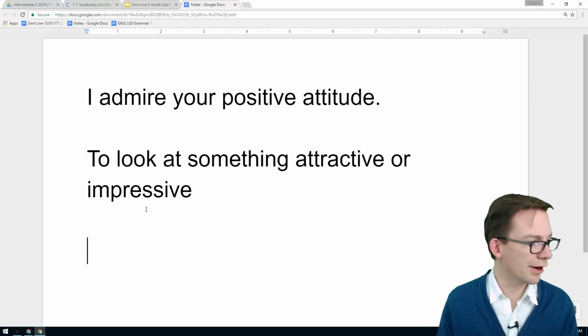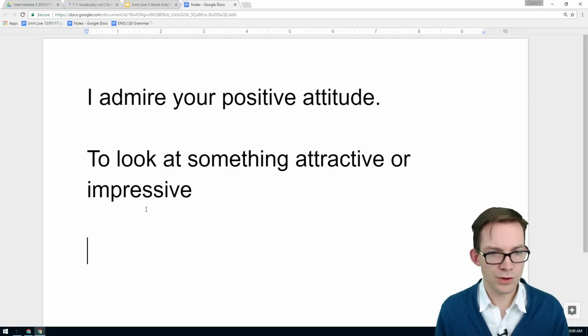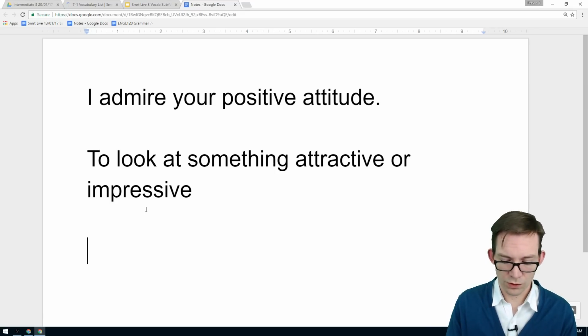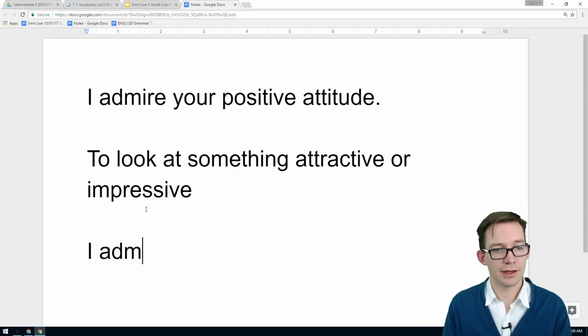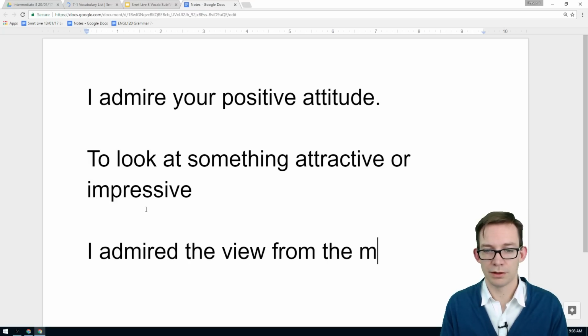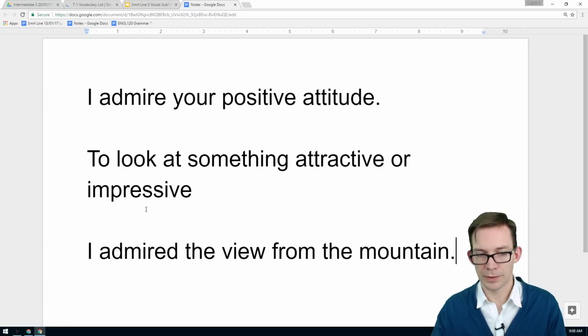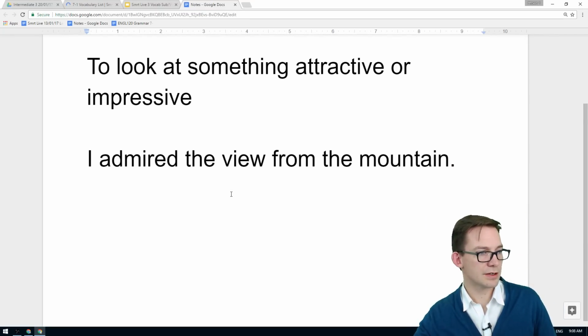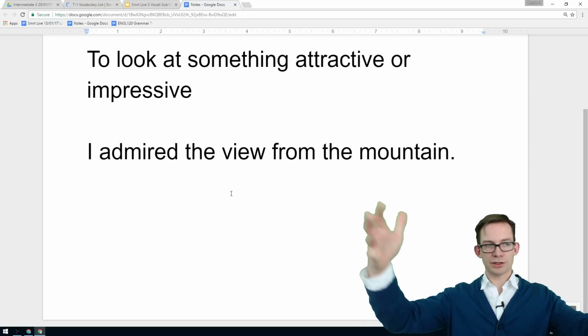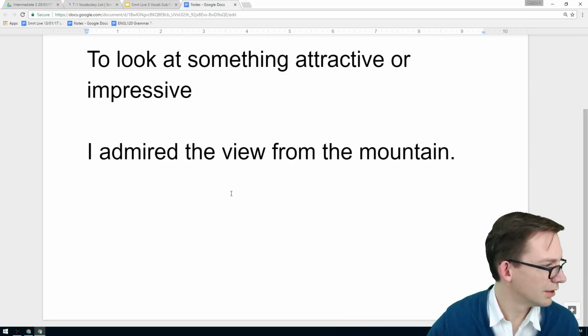So you can admire paintings, or you can admire art, or you could say, I admired the view from the mountain, right? So in this case, you appreciate it. You look at it for a long time, and it's beautiful.